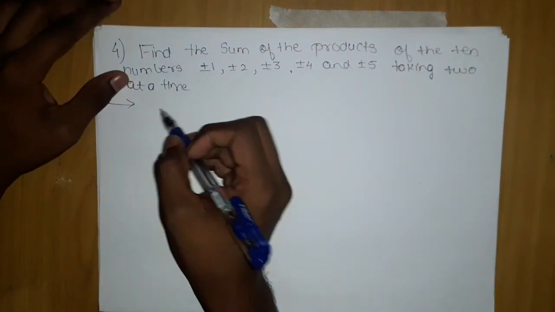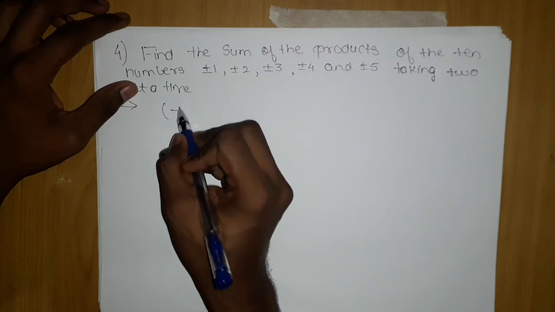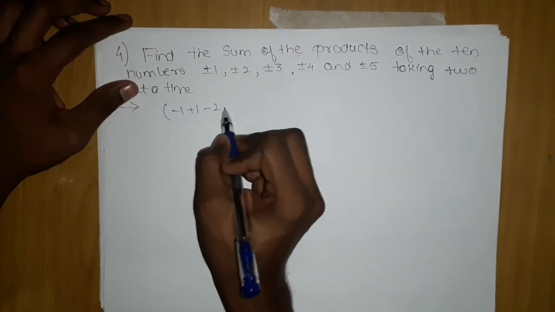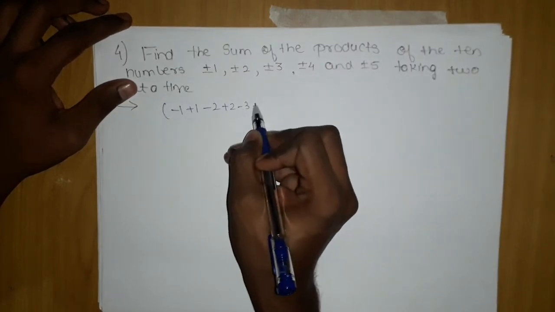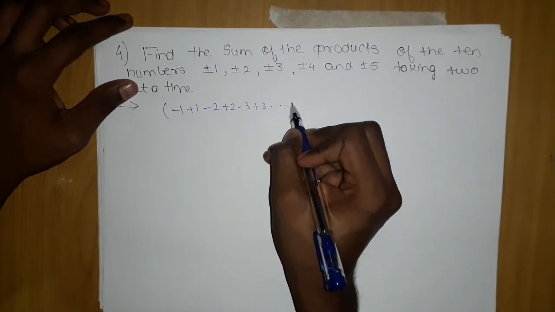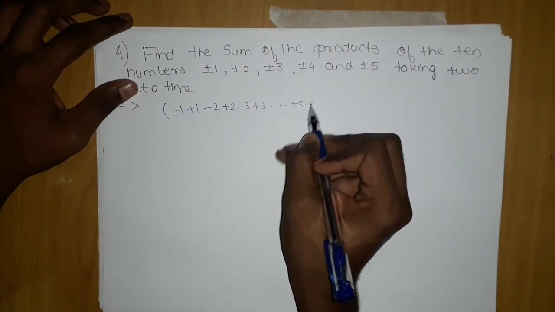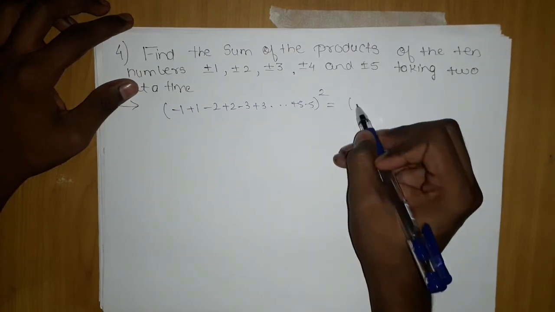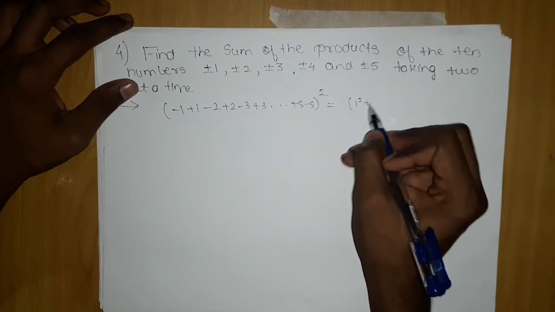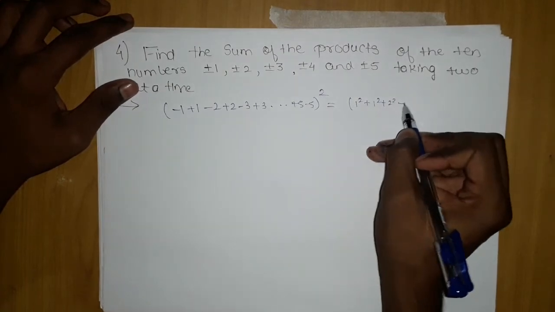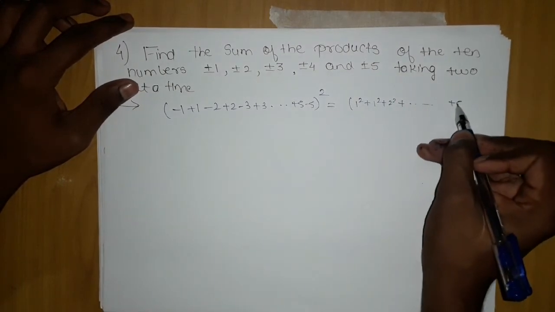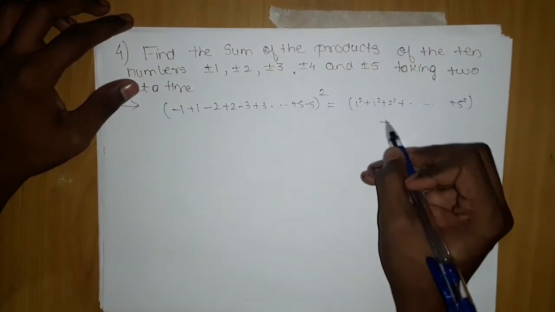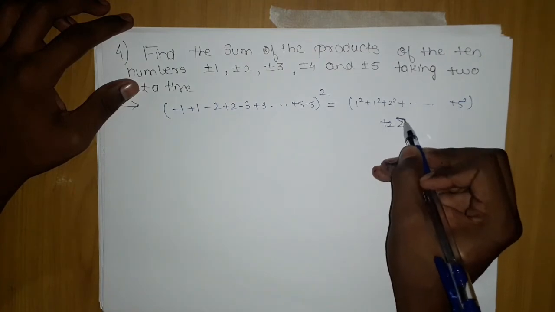So we know the alternative approach, it was quite easy. Just minus 1 plus 1, minus 2 plus 2, minus 3 plus 3, all the numbers will be added, till plus 5 minus 5, twice. The whole square will be there, then they will be squared, 1 square plus 1 square plus 2 square, like this till 5 square, and then there will be 2 into the summation s, which we want to find.